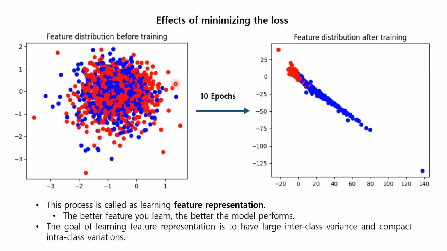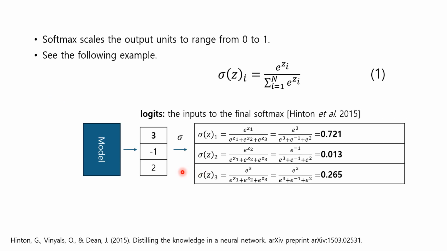If you look at the plot, there's no limit to the range, so it is quite hard for the model to find the discriminative distribution. But if we scale it to range from 0 to 1, the model finds it easier.